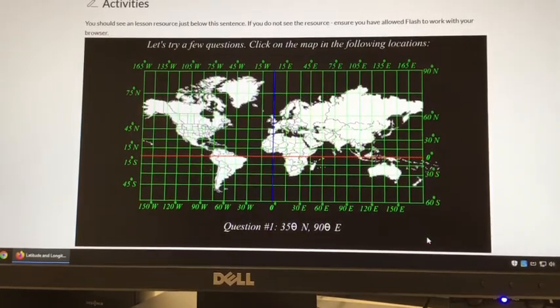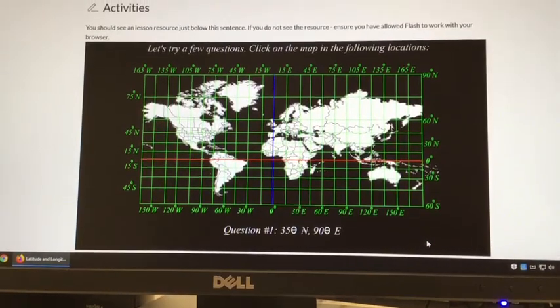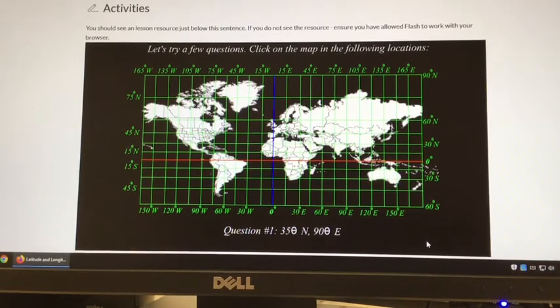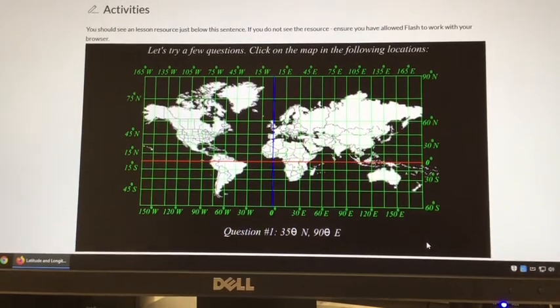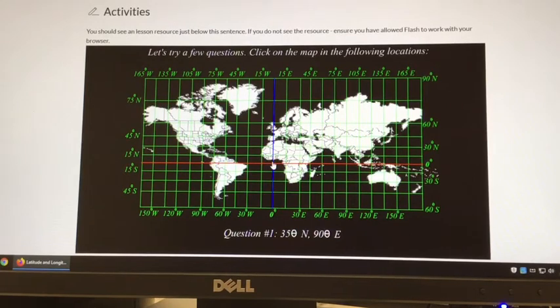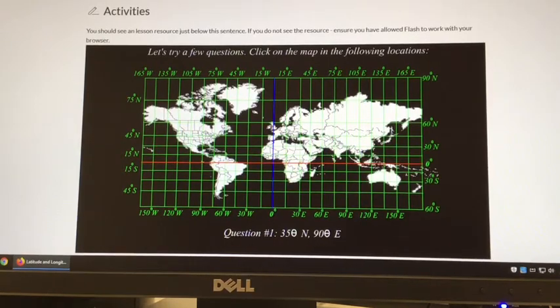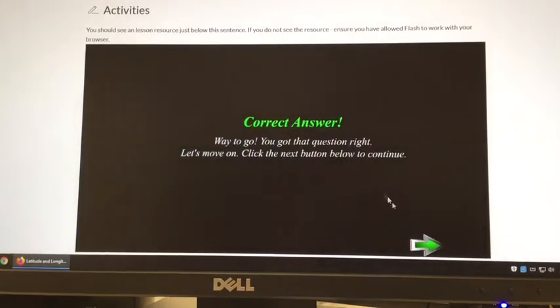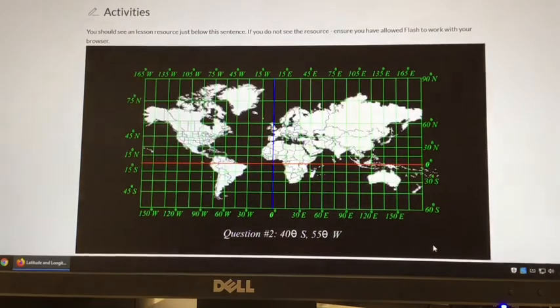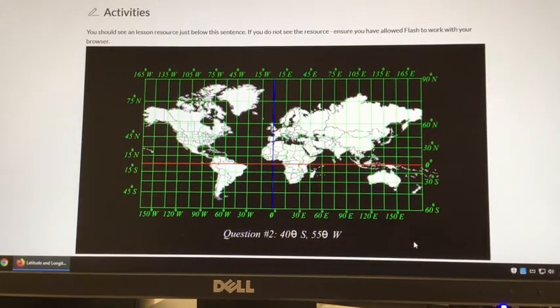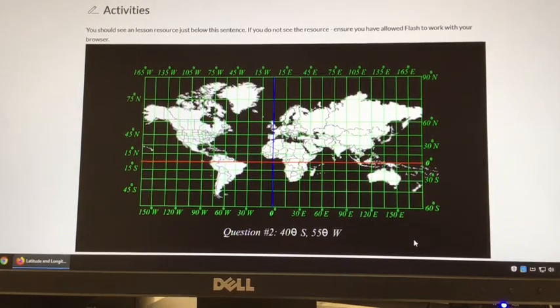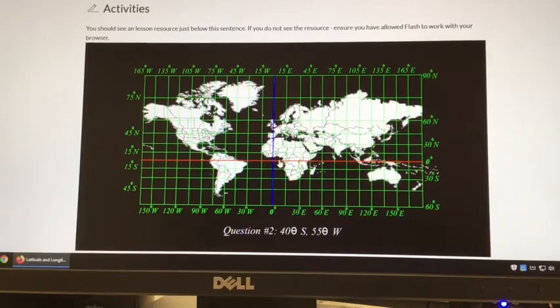Click on the map in the following locations. Question 1. 35 degrees north and 90 degrees east. Question 2. 40 degrees south and 55 degrees west.